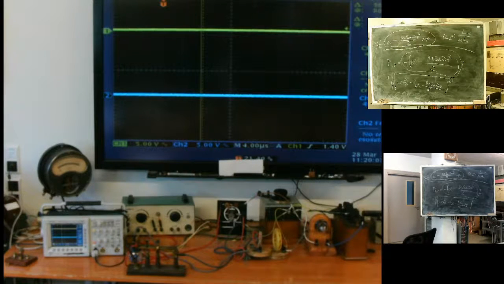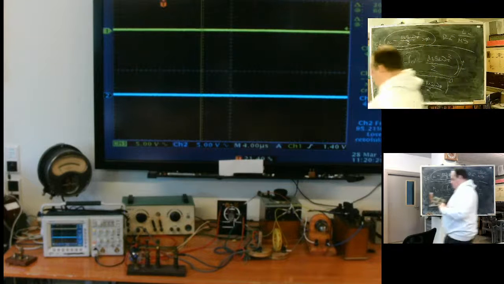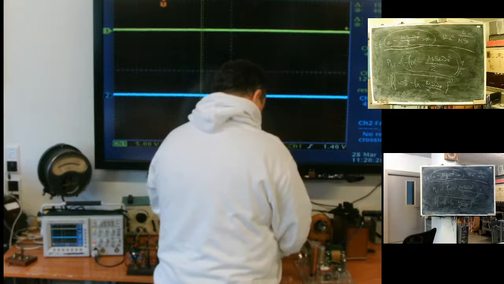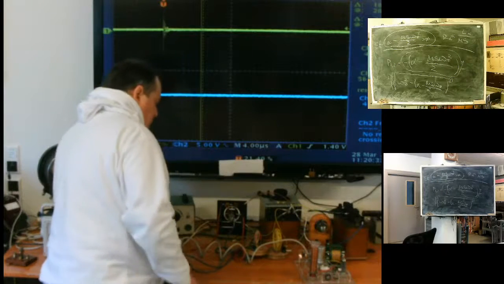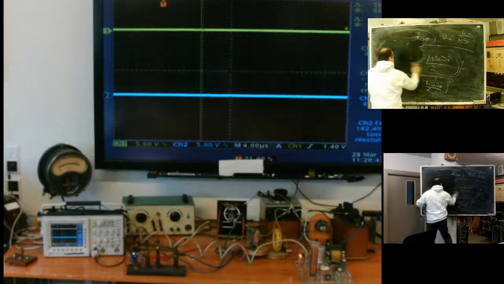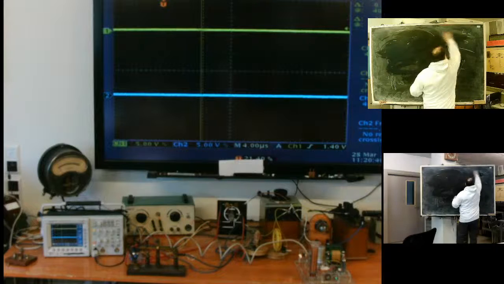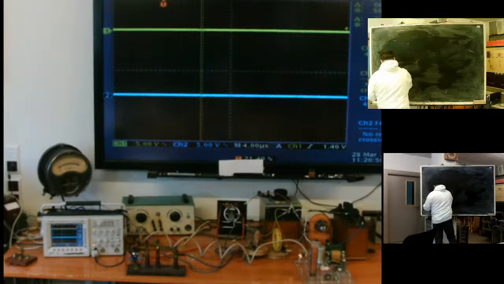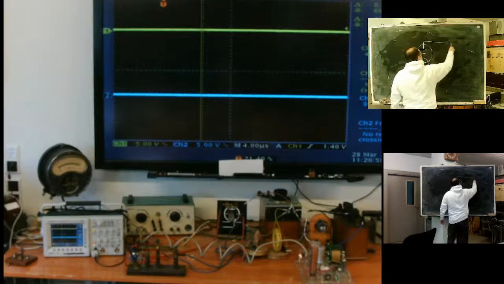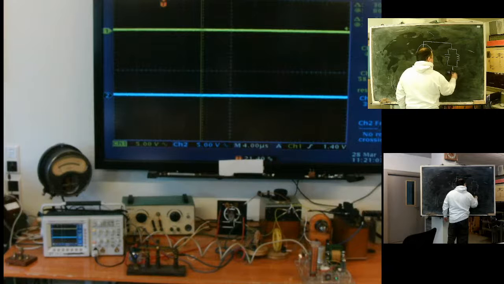Where is my tool? Resonant transformer. The idea: cathode source, was 250 volts.